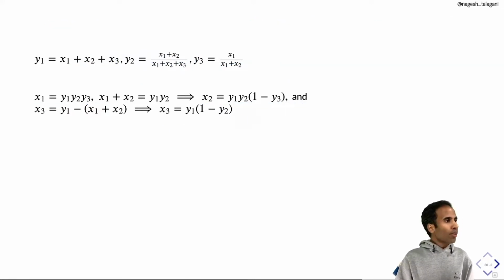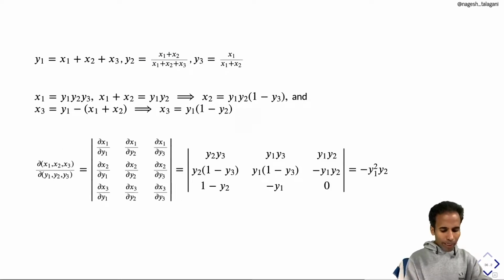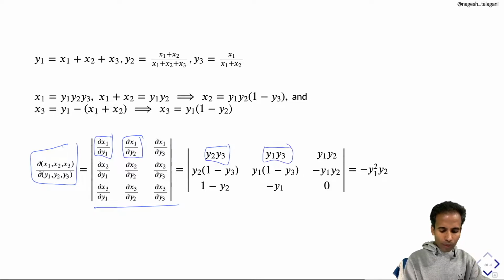The Jacobian of this transformation is denoted by ∂(x1, x2, x3) by ∂(y1, y2, y3), which is the determinant of this 3 by 3 matrix. Here the ij-th entry of the 3 by 3 matrix is ∂xi by ∂yj. Here ∂x1 by ∂y1 is Y2 Y3, ∂x1 by ∂y2 is Y1 Y3, and ∂x1 by ∂y3 is Y1 Y2, which you can see from this.